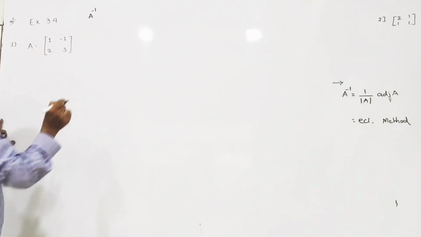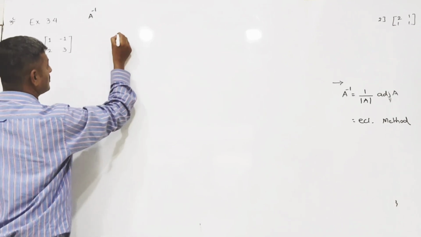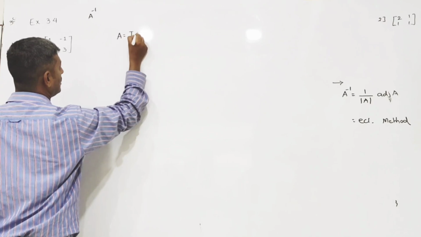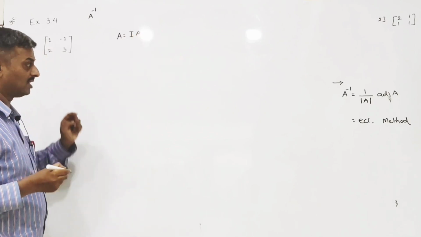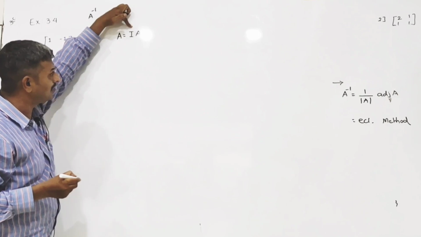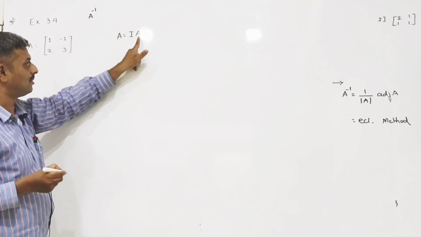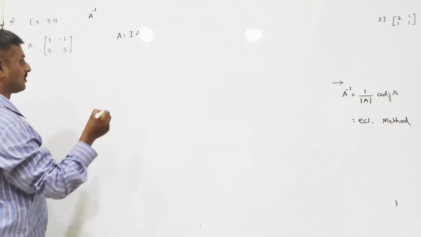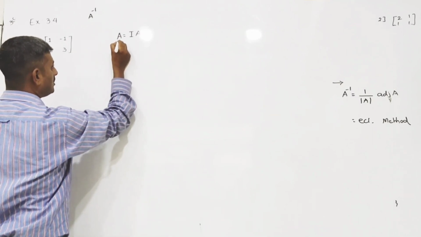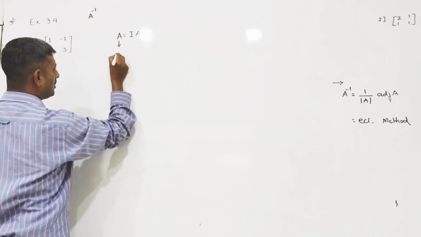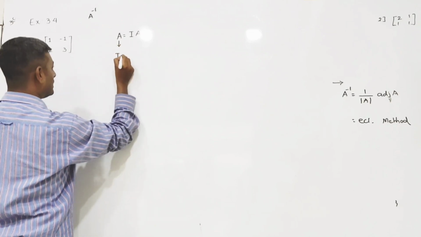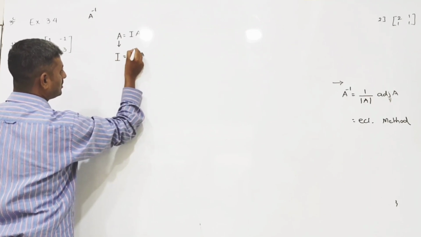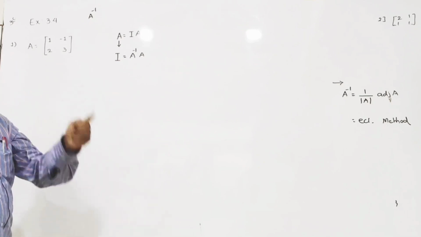In this, we have to use the formula A is equal to I into A. That means if I multiply the unit matrix by a matrix, then we always get the matrix. Finally, if I convert the left side into an identity matrix, whatever is on the right side becomes A inverse.